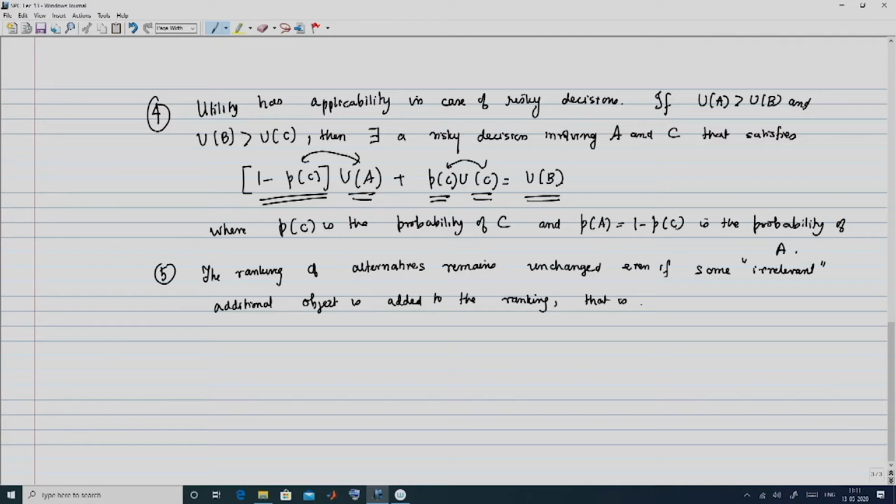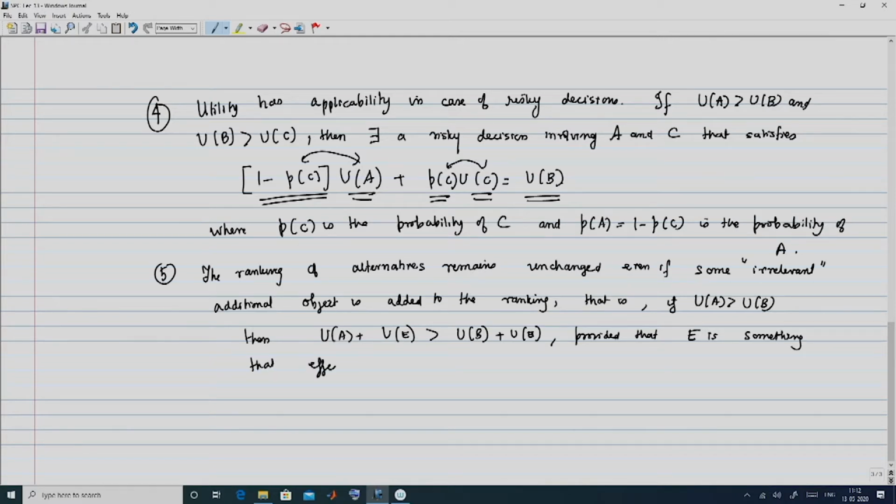So, that is if u of A is greater than u of B, then u of A plus u of E is greater than u of B plus u of E, of course, provided that E is something that affects neither A or B.